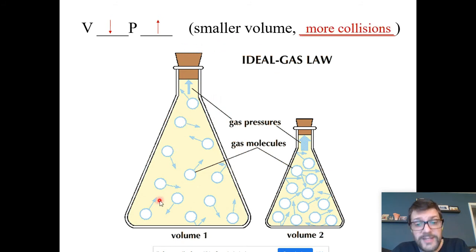If you shrink a container, you're going to have less space for those gases to move around in. So they're going to collide with the walls more often, and you're going to have more collisions, more pressure. So you've got two direct and one inverse. More gas particles, more collisions. More temperature, more collisions. But volume is the opposite: smaller volume, more collisions.